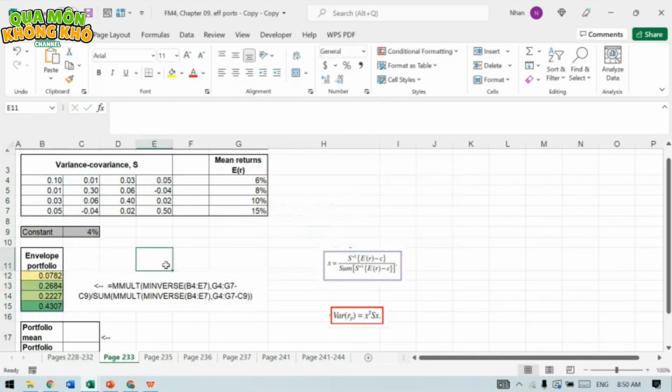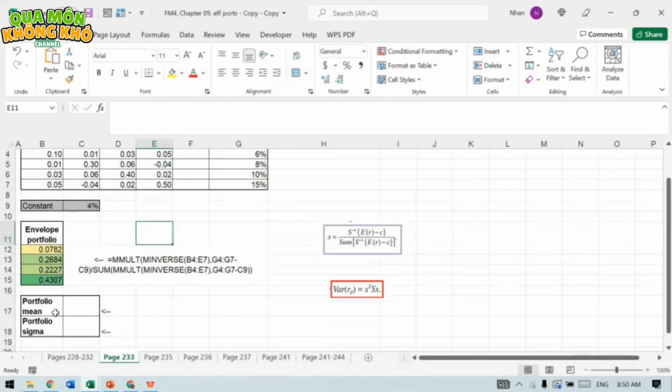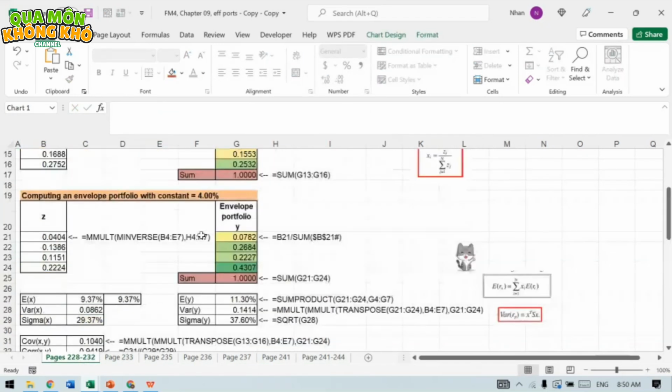Yes, I have here the envelope. You can see that it's similar to the first one I just calculated here. It's equal.